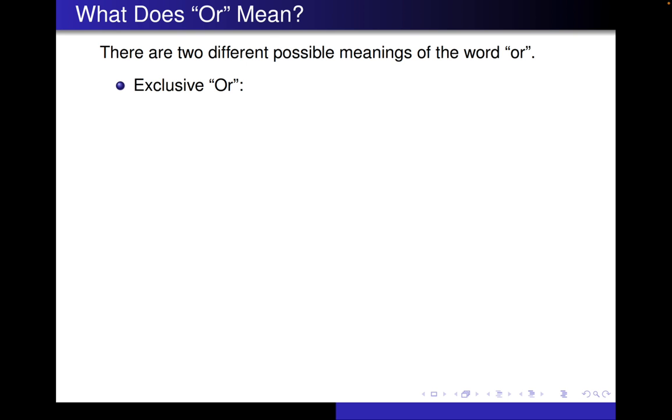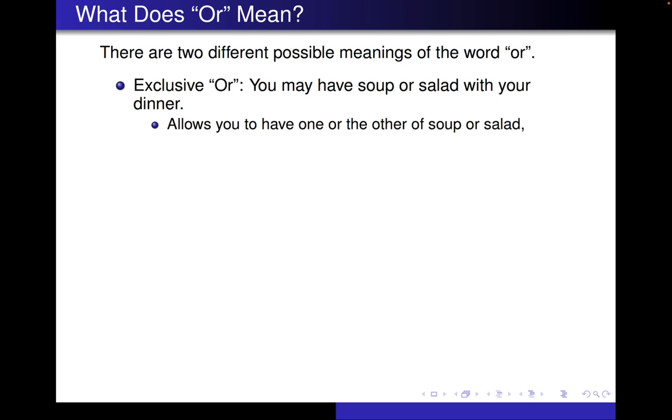And that is the type of or you might get if you went to, say, a restaurant and the server asked you, do you want a soup or salad with your dinner? That will allow you to have either one or the other of soup or salad. You either have soup or you have salad, but you cannot have both. In the context of that particular statement, that's what the word or means. But you can't have both.